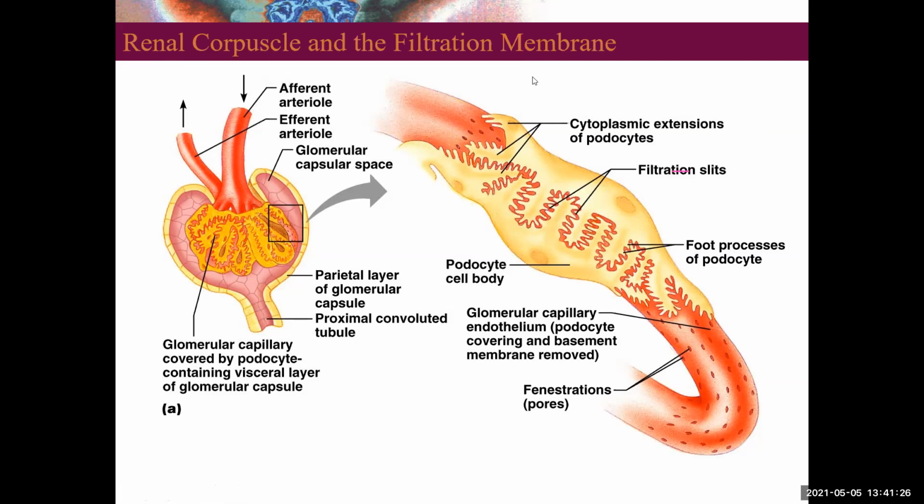So the feet of one cell interdigitate with another cell. You see my hand? Like this is one cell, this is another cell. Their feet are tangled with each other. And when they tangle over the capillaries, which are highly porous, they create a filter. That's how when blood passes through here, it is filtered and then the filtrate passes down here into the proximal convoluted tubule.